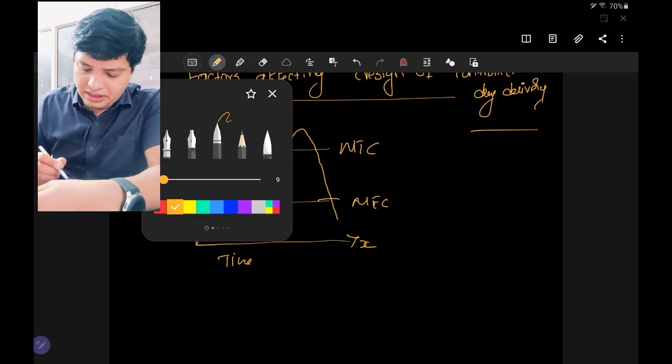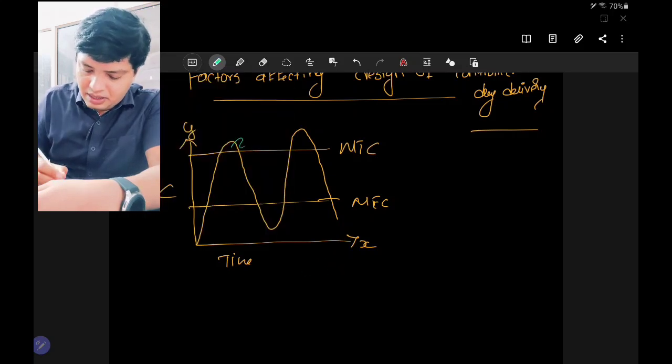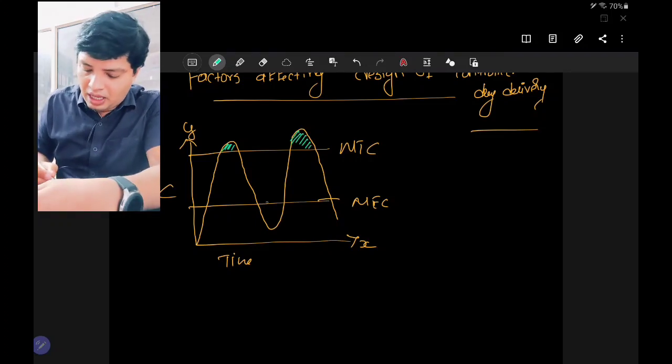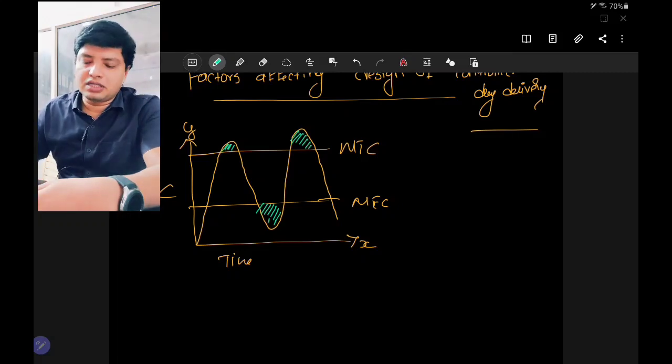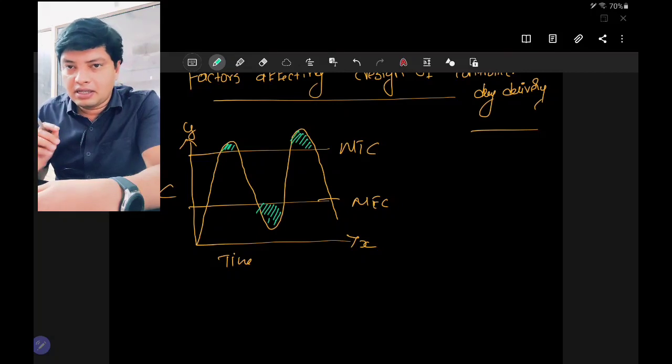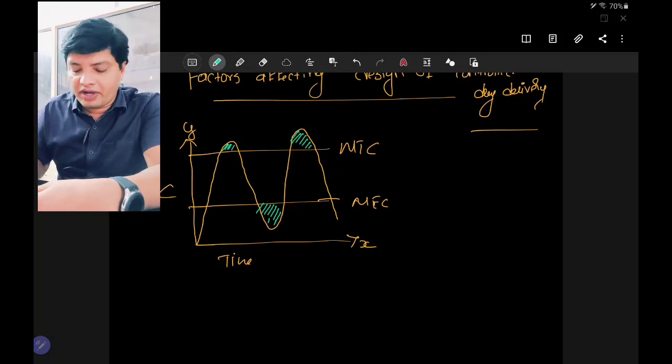Now the problem here is, check these parts. One is higher concentration which is going above the minimum toxic concentration. The other one is lower concentration which is going below the minimum effective concentration. So these two concentrations are not very effective.